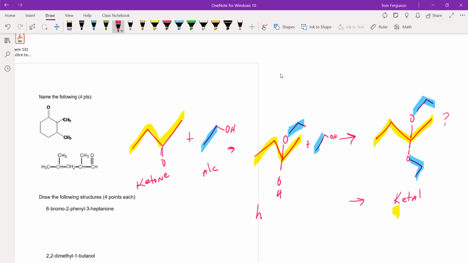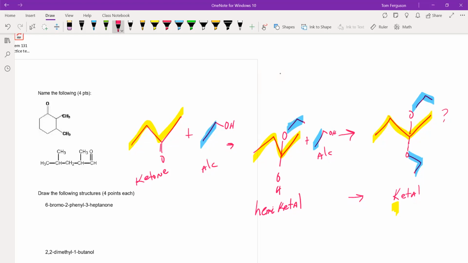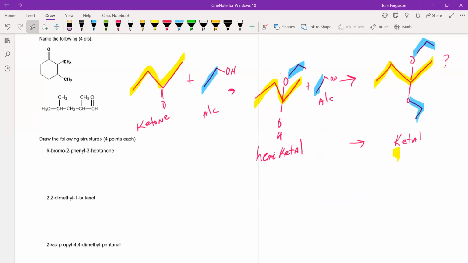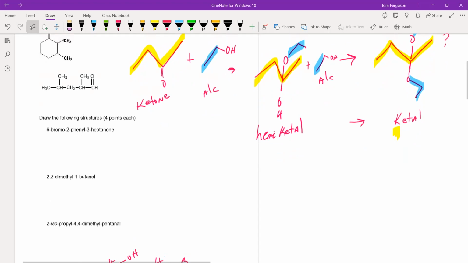This is the hemi-ketal plus alcohol. Gives us the full-blown ketal. So that would be what I was looking for if I asked you how to make this. And then variations upon that. You start with a ketone and you add alcohol, what do you get?